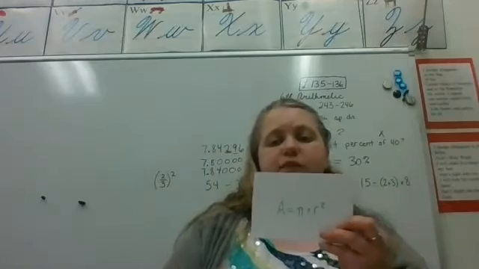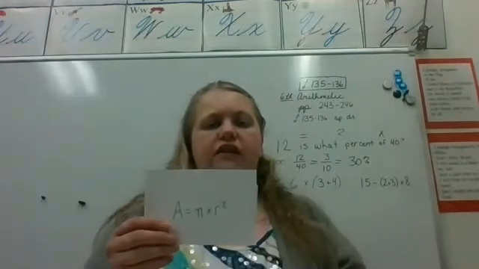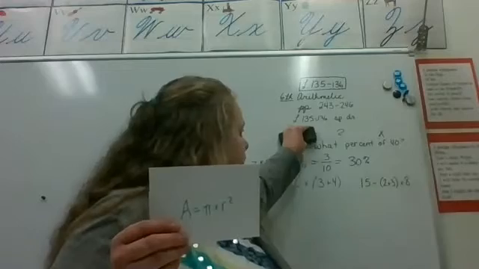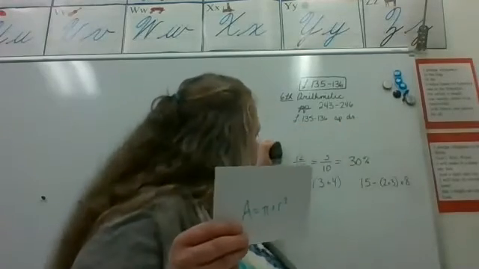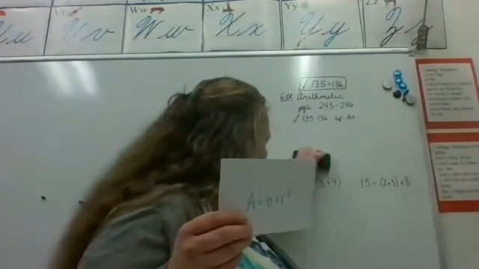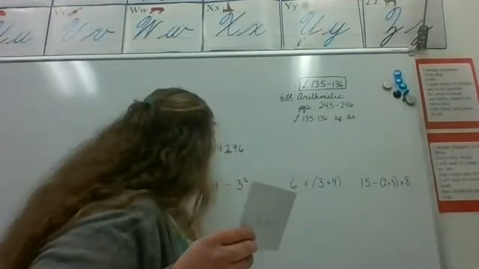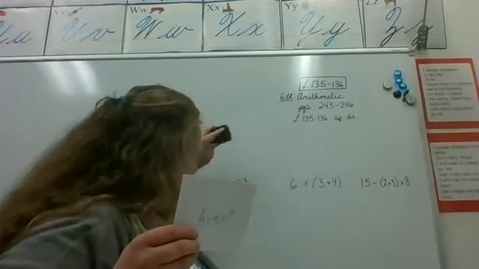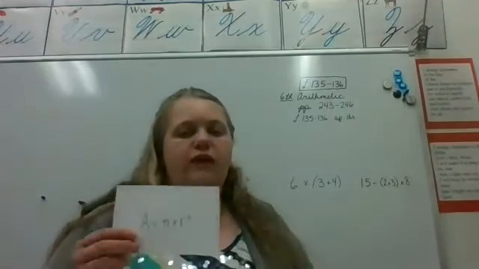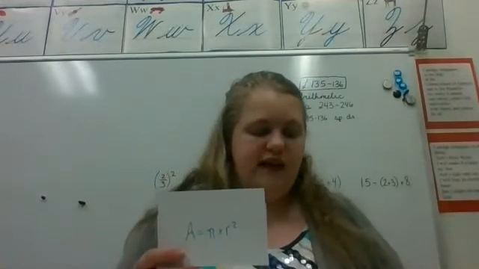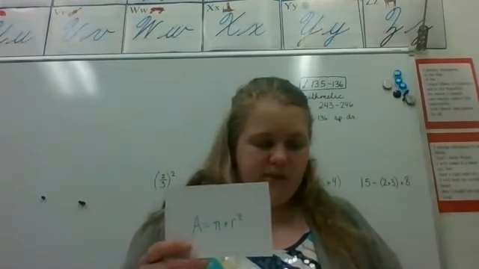We have to simplify the r squared first before we can multiply by the 3.14, correct? I'm gonna erase that so I make sure I have enough room for everything. Okay. The reason that we do that is because there's actually a rule that says we have to simplify.